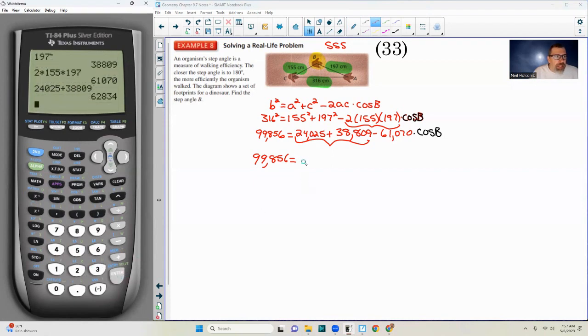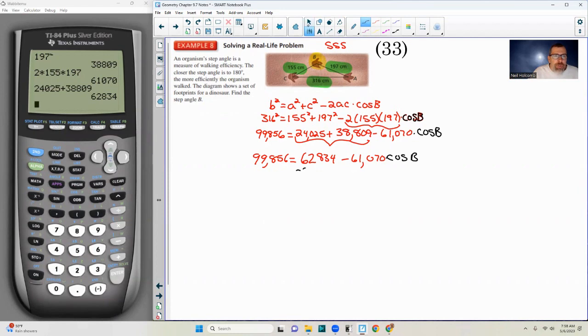And I get 62,834 minus 61,070 cosine b. Okay, and so this is multiplication here. You have to do multiplication first, then add, subtract. That's why I'm not combining these. I'm actually trying to get everything away from cosine b by doing inverses.